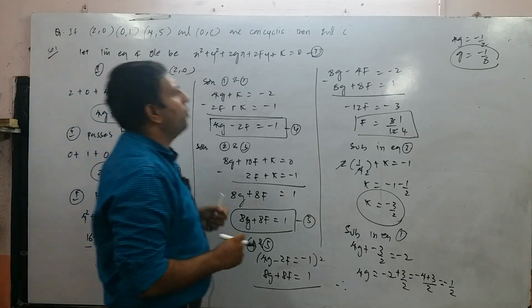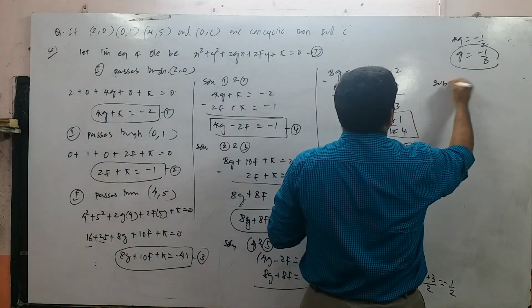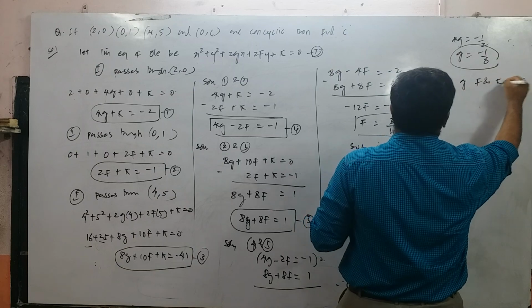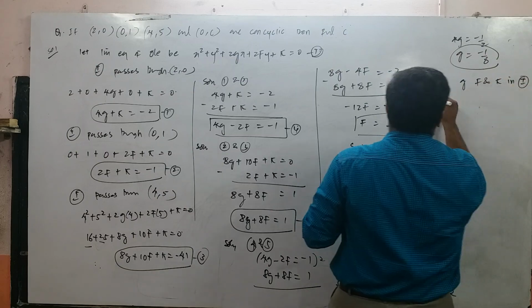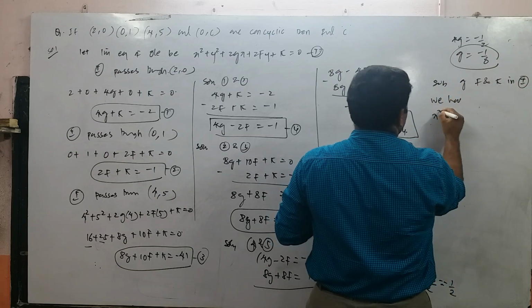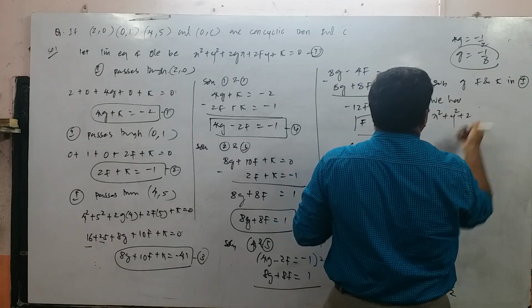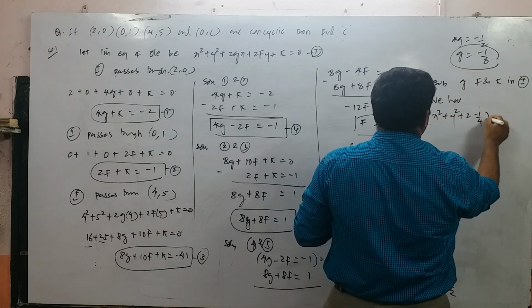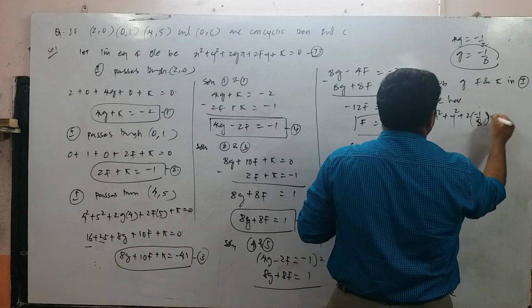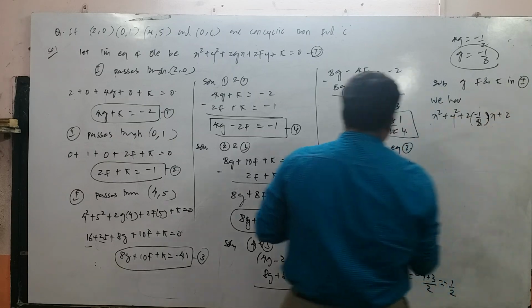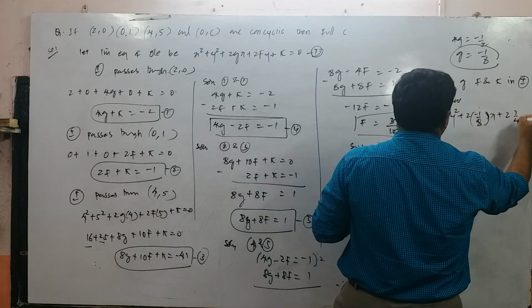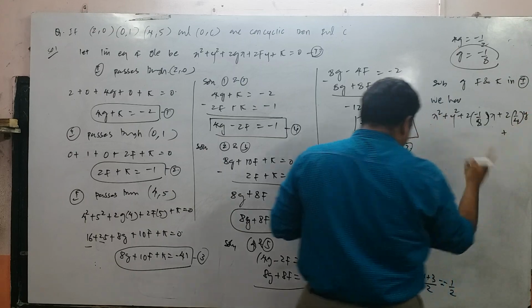Substitute everything in equation 1. Substitute g, f and k in equation 1. We have x square plus y square plus 2g x, g is how much? Minus 1 by 8. Plus 2f y, what is the f value? Plus 1 by 4. Plus k. What is the k value?